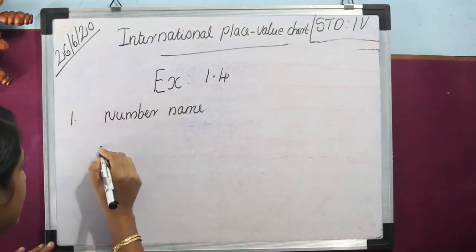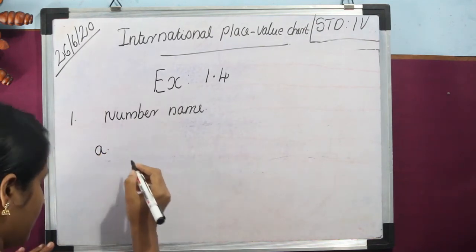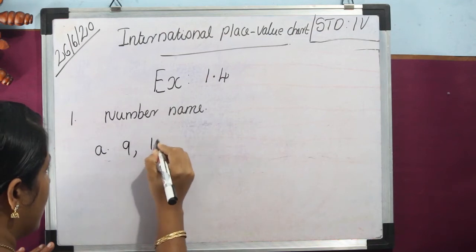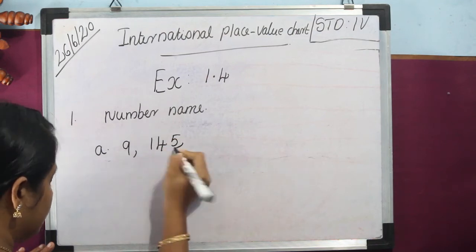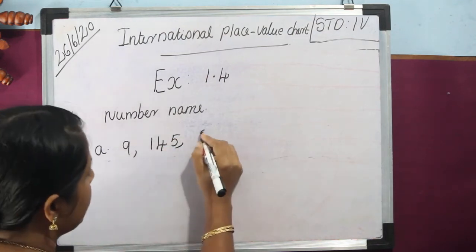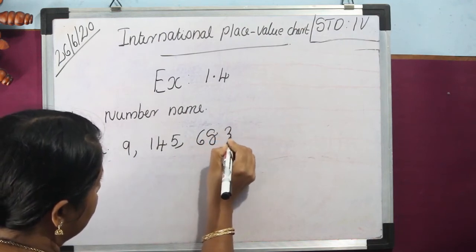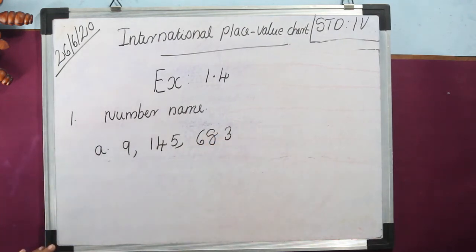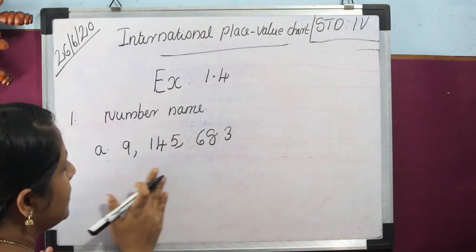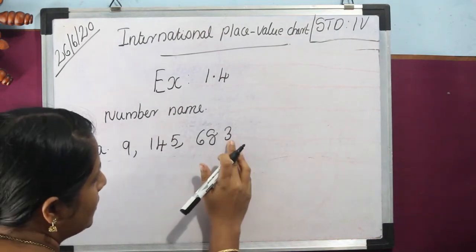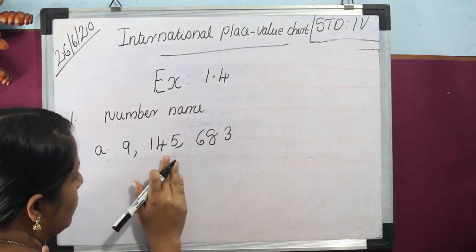Given the digits are 9,145,683. Then based on the international place value chart, these numbers are under the periods of ones, thousand and million.